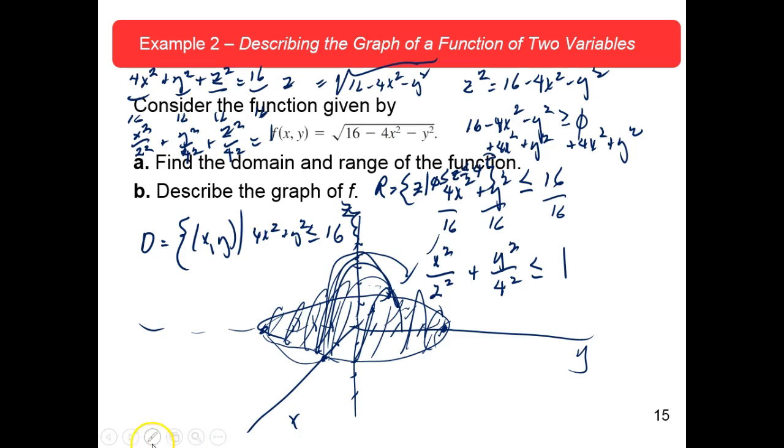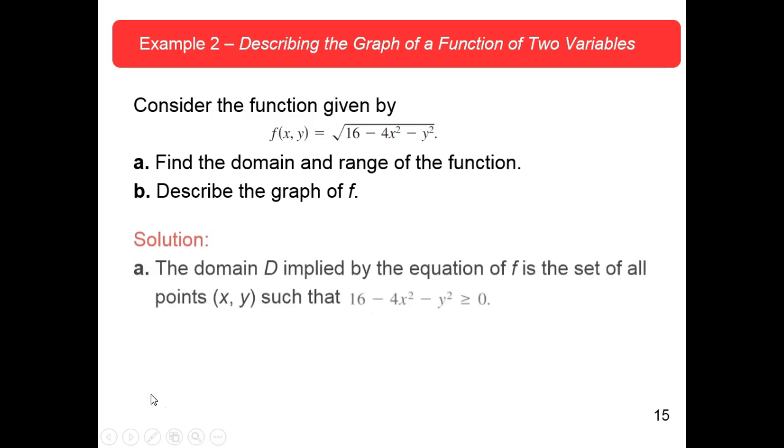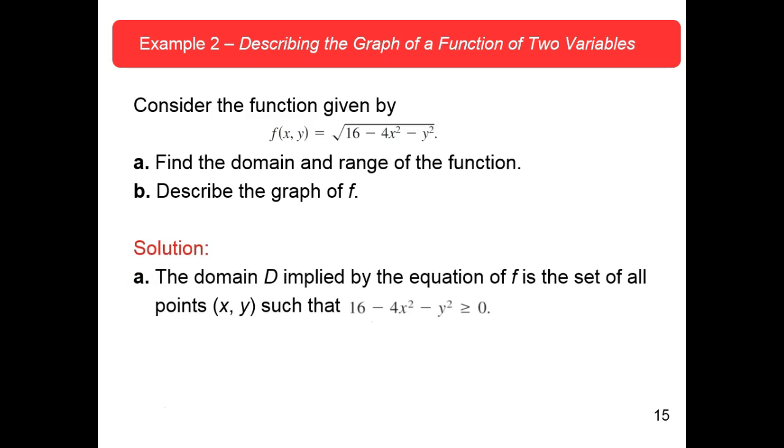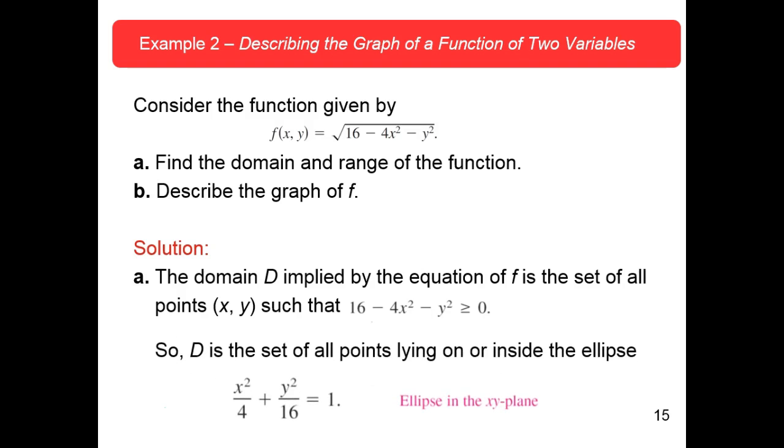Let's delete all my scratch and see if they can come up with anything that looks a little bit better. The domain implied by the equation of f is the set of all points (x, y) such that everything inside that radical has to be greater than or equal to 0. When you do that, first add the x and y terms to the other side and then divide by the 16, and that gives you x squared over 4 plus y squared over 16 is less than or equal to 1.